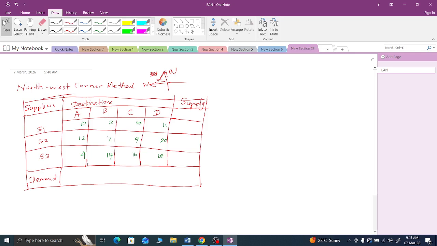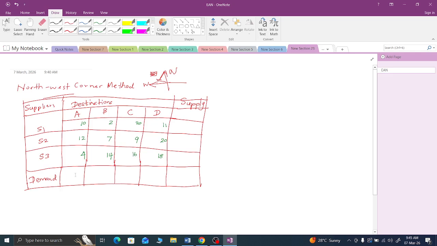Okay, there is the capacity, right? So capacity here, I mean demand is there, right?